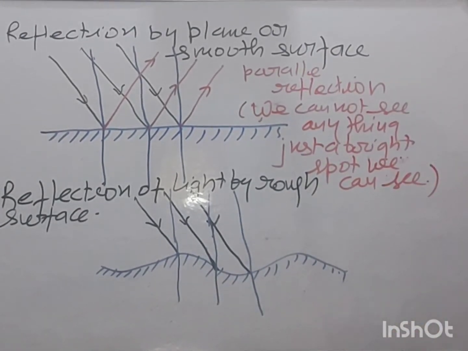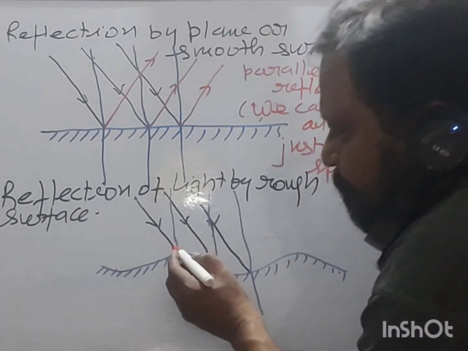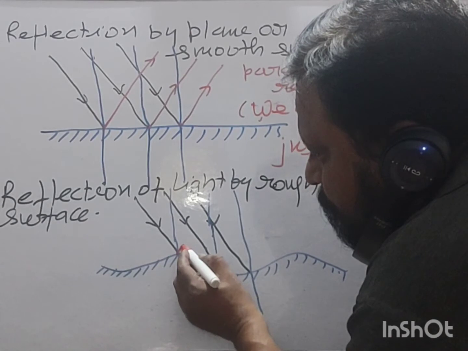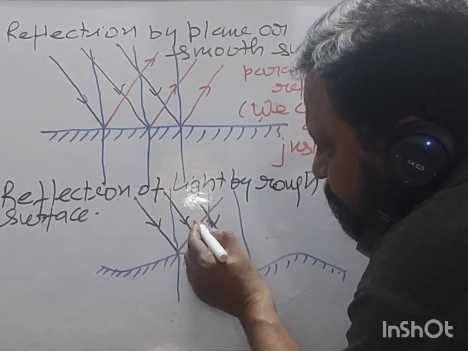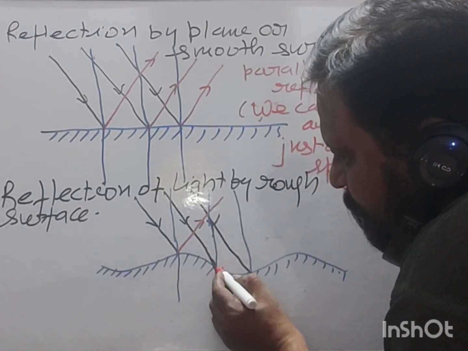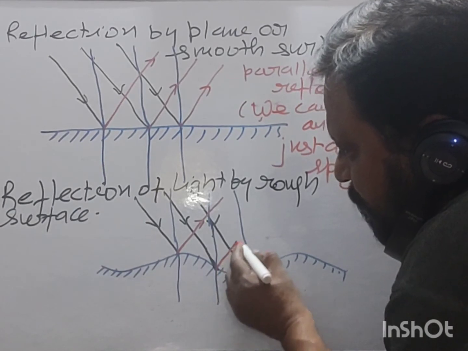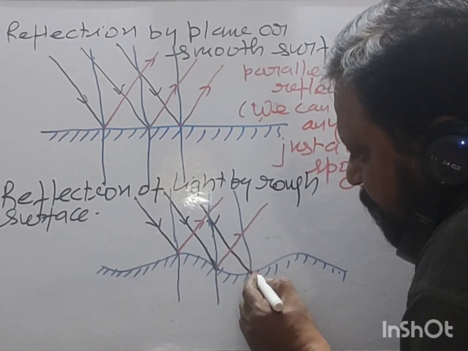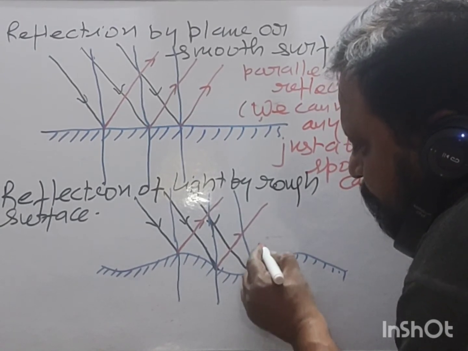Now reflection occurs. This is a reflected ray, this is a reflected ray, and this is a reflected ray, right?